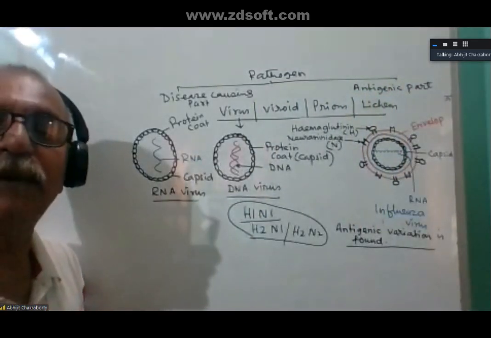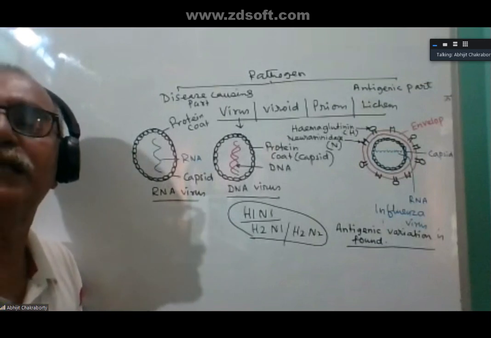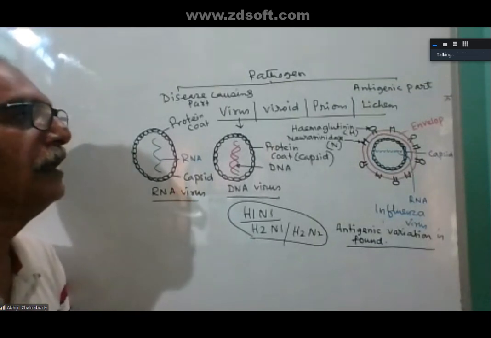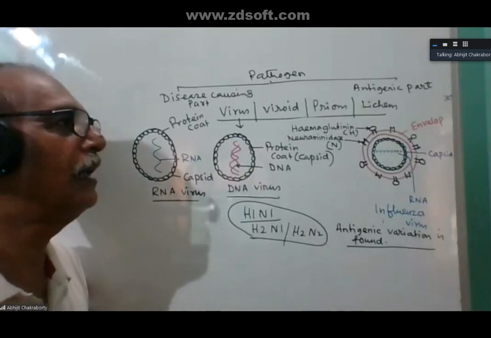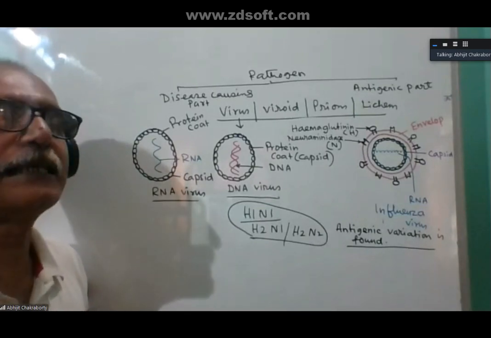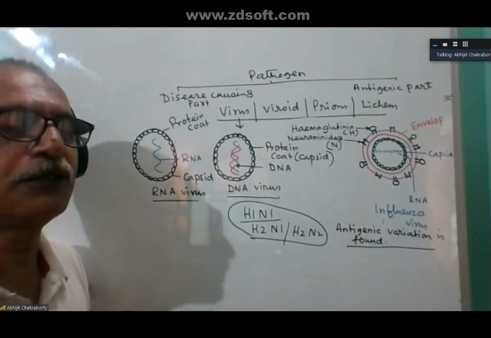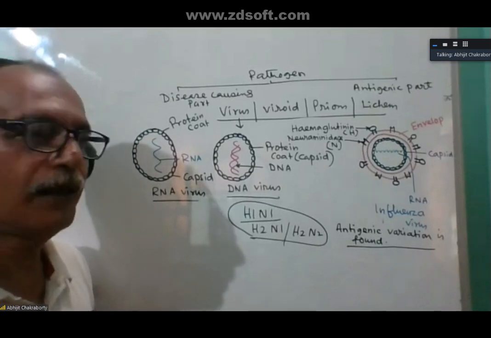By the disease causing part, the pathogen multiplies within the host cell, and by the antigenic part, it triggers the immune system.